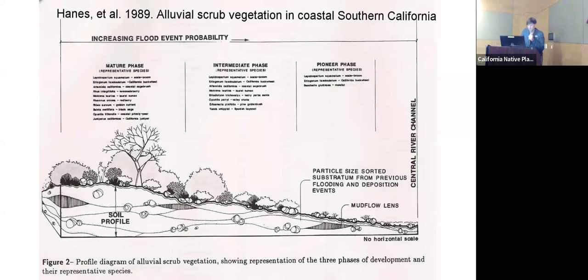So these are the 3 different phases. There's a pioneer, an intermediate, and a mature phase. And they're characterized, like we said, by how often they flood or how recently they flooded. And so we'll take a closer look at some of these plants.